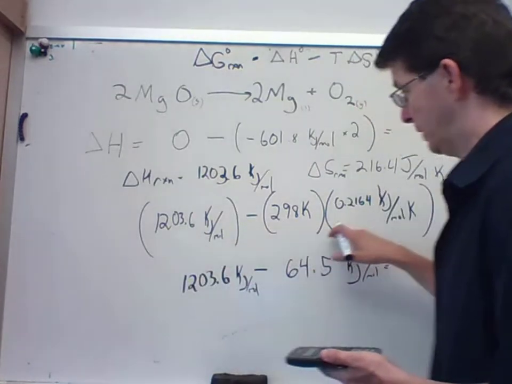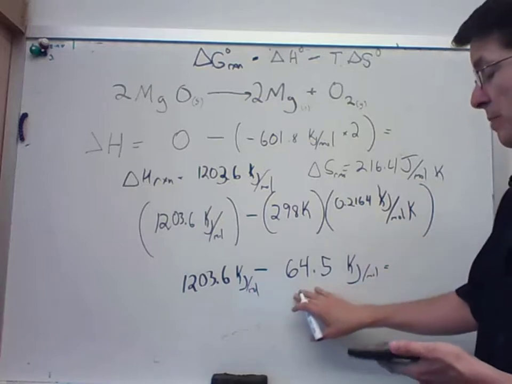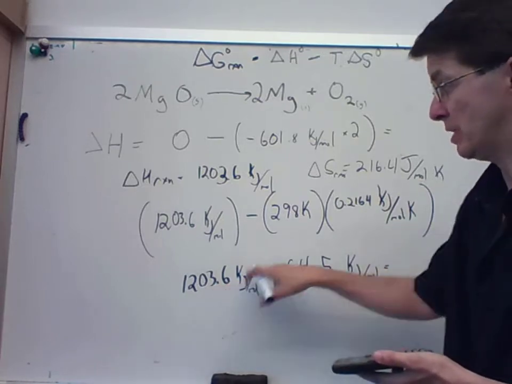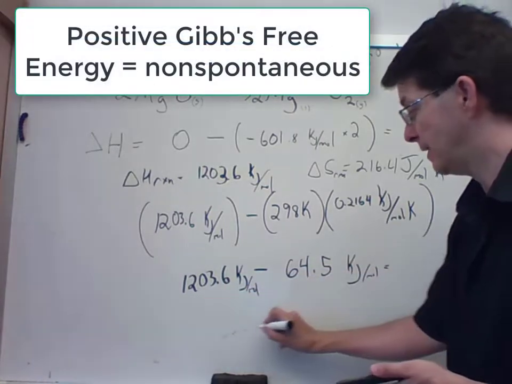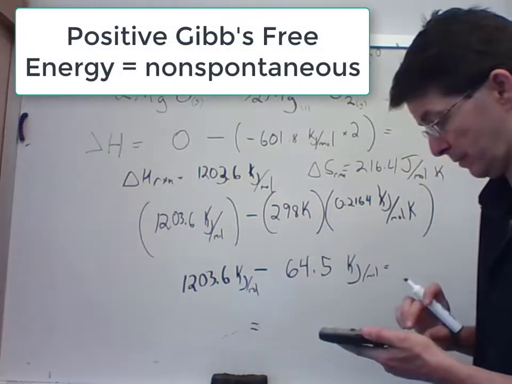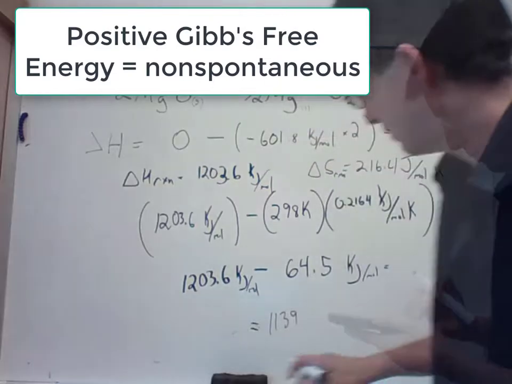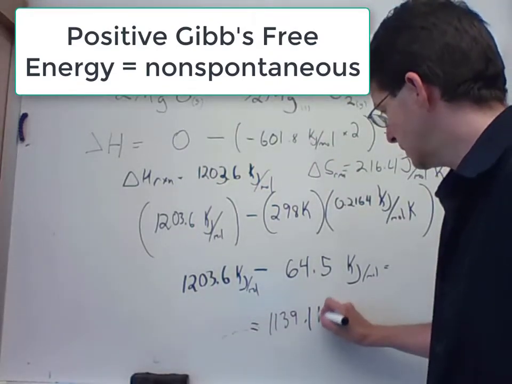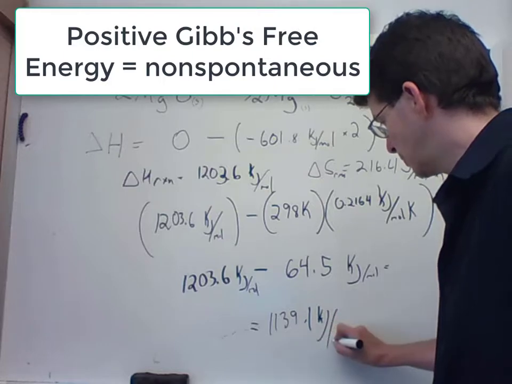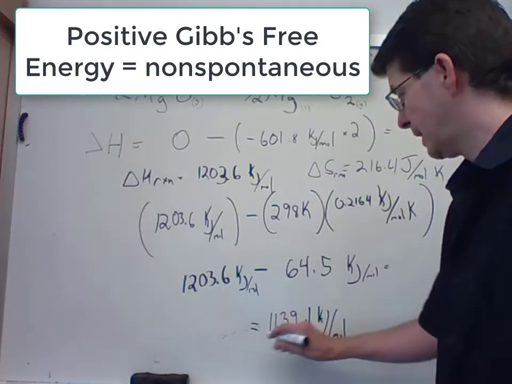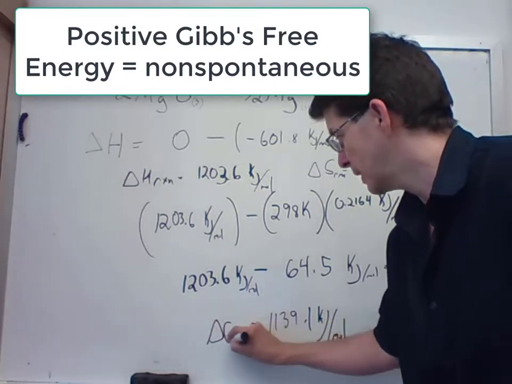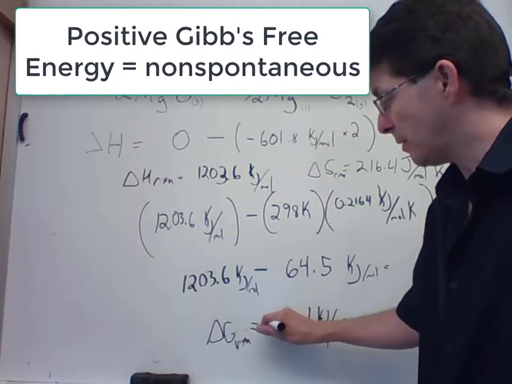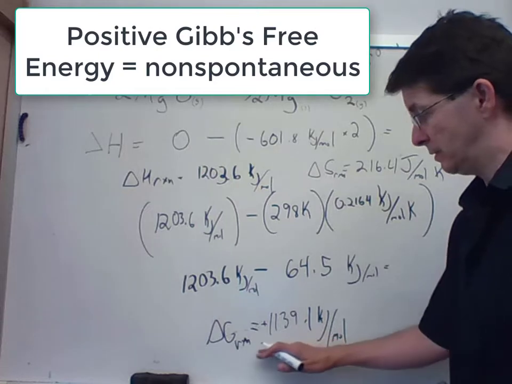So we do our multiplication, 298 times 0.2164 gives about 64.5 kilojoules per mole, and we subtract that from our positive value, so delta G becomes 1139.1 kilojoules per mole for the reaction. And it's very positive.